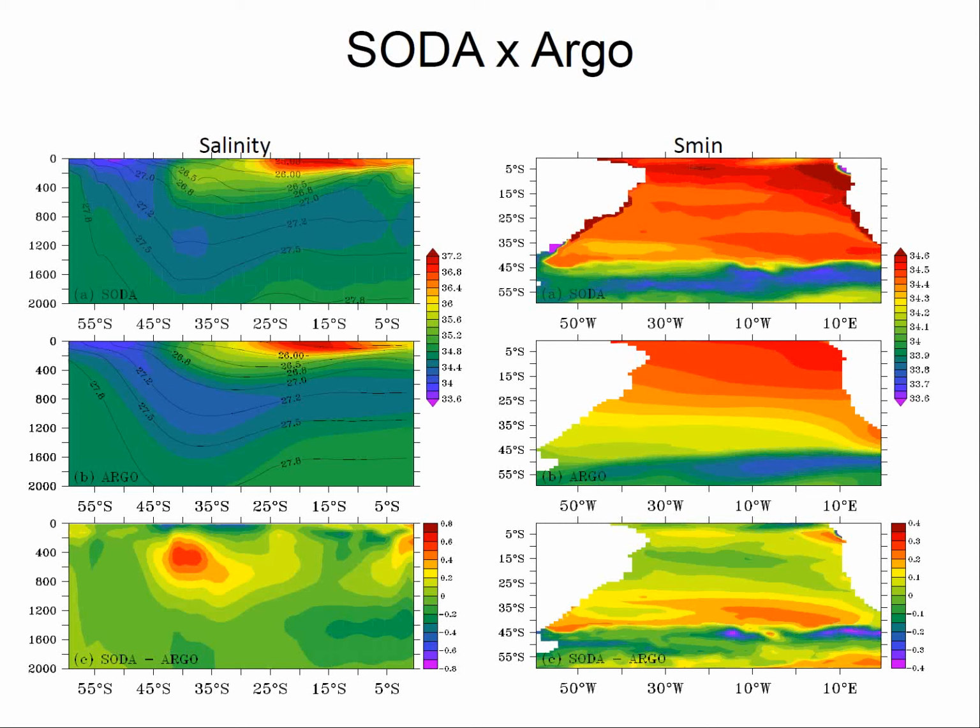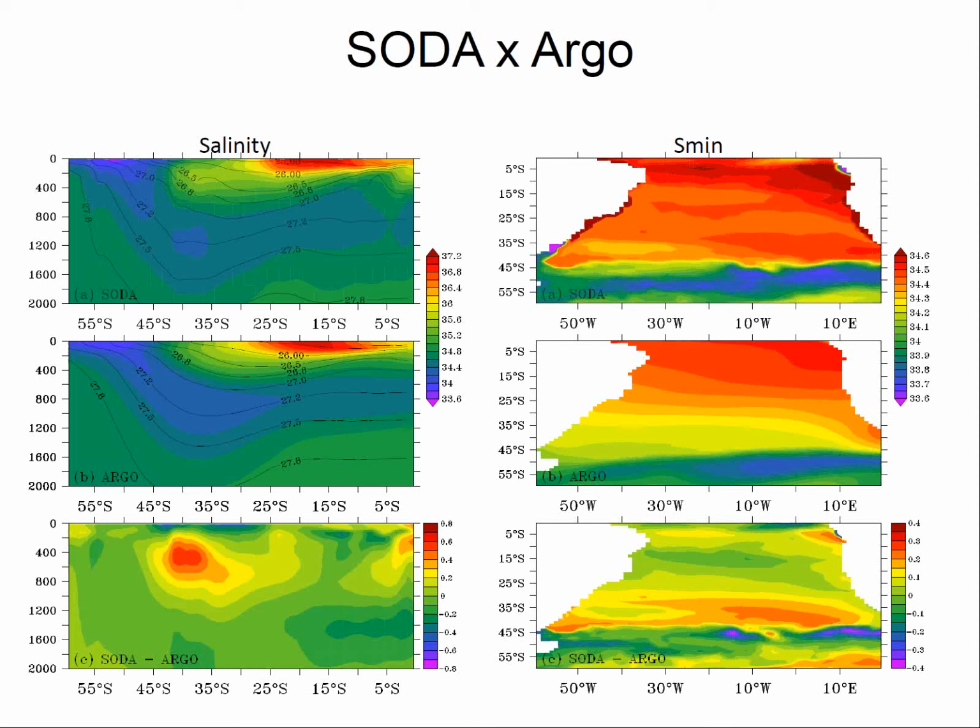For SODA, we see that it has a lower salinity tongue and is fatter here. It's much noisier here. This is for the 2000s average, but the patterns look similar. And SODA generally goes deeper, up to 1,200 meters, while Argo just goes to 1,000 meters.